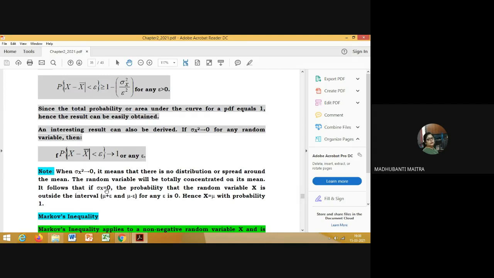So it follows that if sigma is equal to 0, the probability that the random variable x is outside the interval mu minus epsilon to mu plus epsilon, for any epsilon, even very, very small, will be 0. Hence, x equal to mu will have a probability equal to 1.